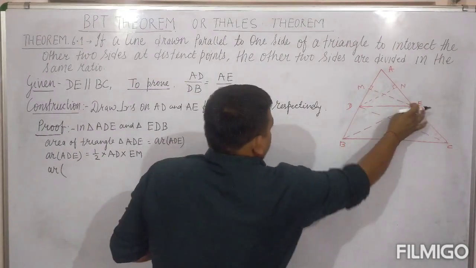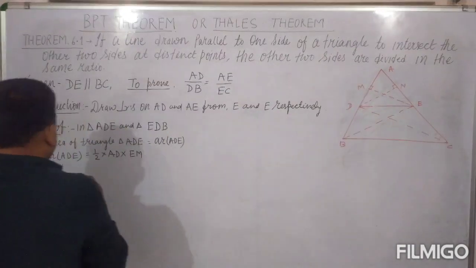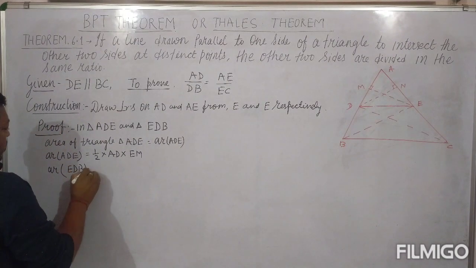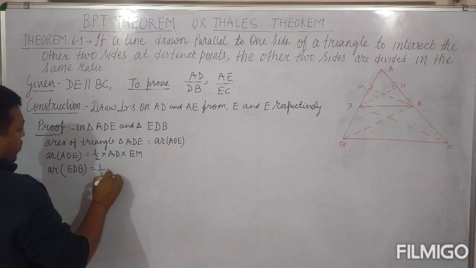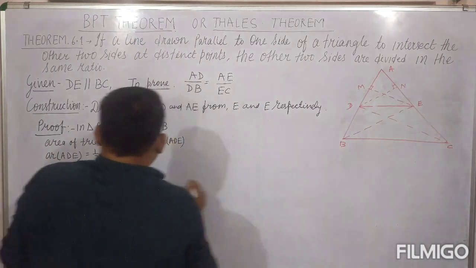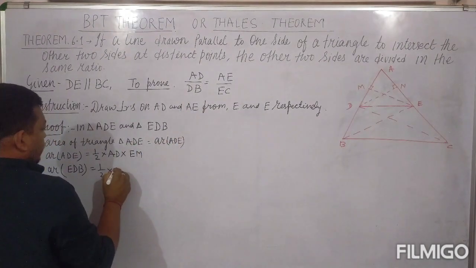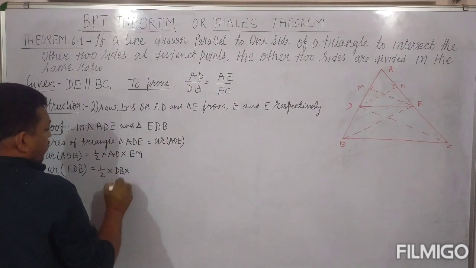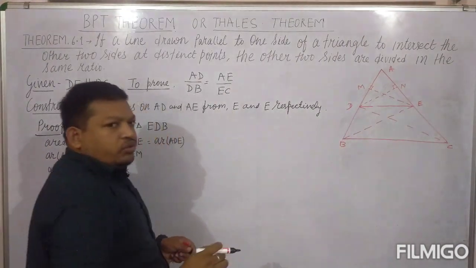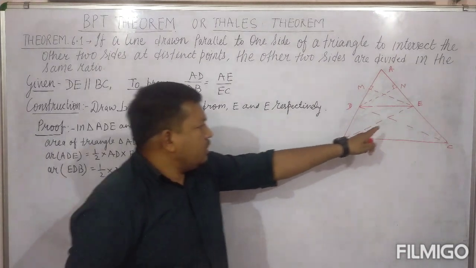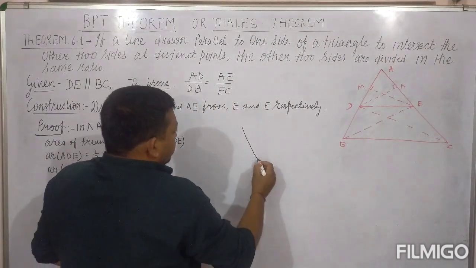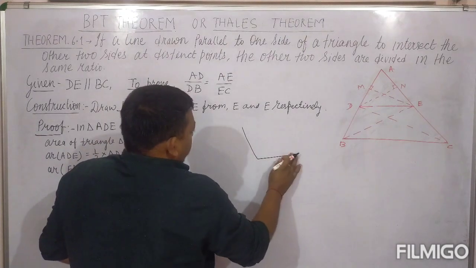And area of triangle EDB is 1/2 into what is the base? The base of the triangle is DB. And what is the height of this triangle? EDB is an obtuse angle triangle, like that.